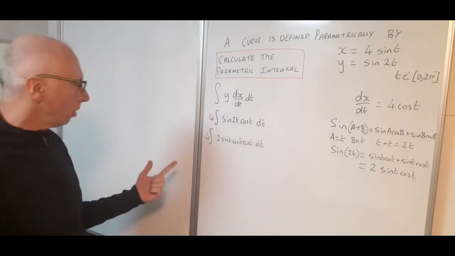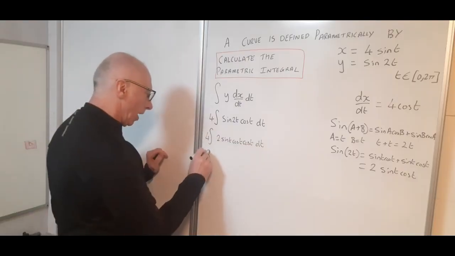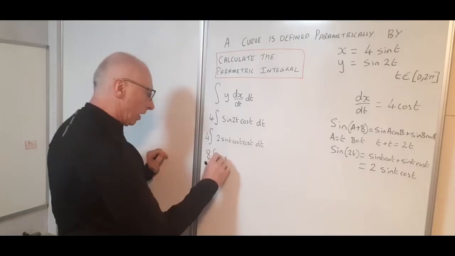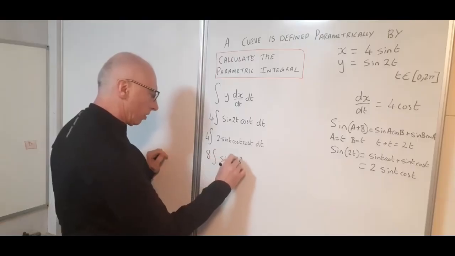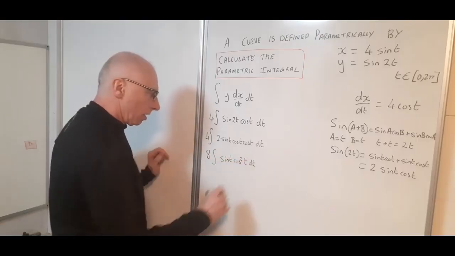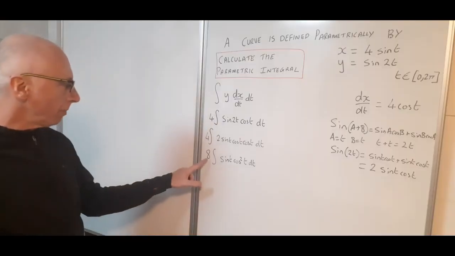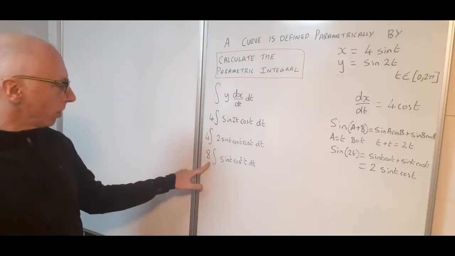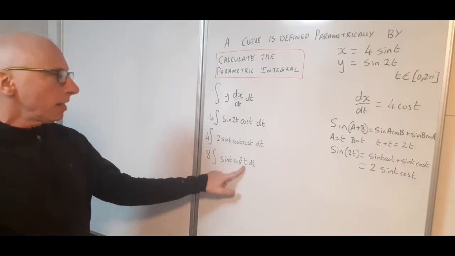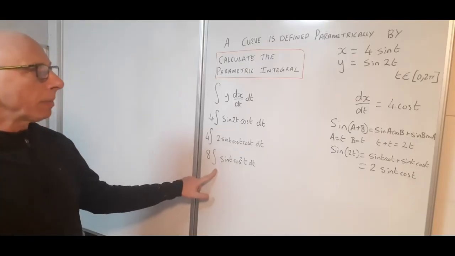Okay, just tidy this up a little bit more. So 8 sine t cosine squared t dt. It's always good to tidy these things up and bring as much outside of the integral as we possibly can.